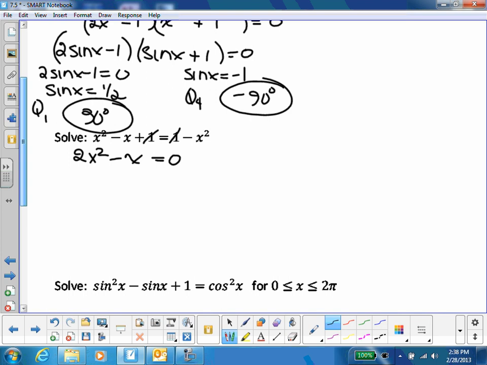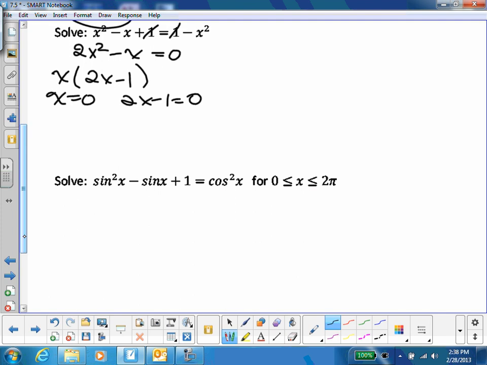And then if I continue to ask you to solve, what would your next step be? Pull out an x. And that leaves me with 2x minus 1, which tells me that x is equal to 0 and 2x minus 1 equals 0. So you have the tools to do these problems. You just have to be able to translate these into these trig equations, okay?